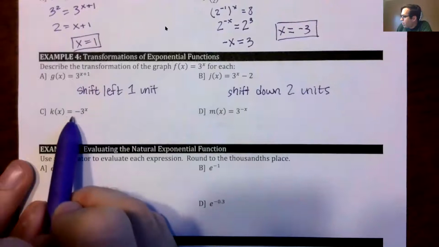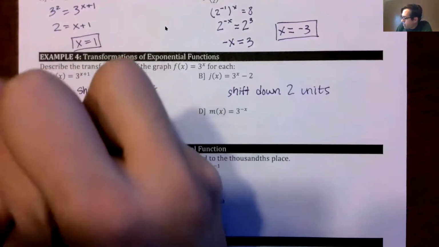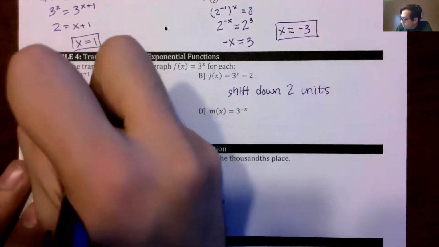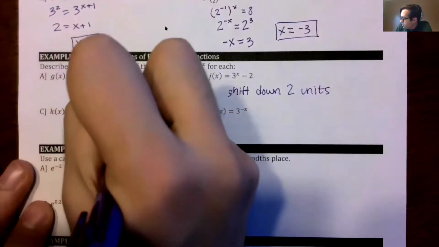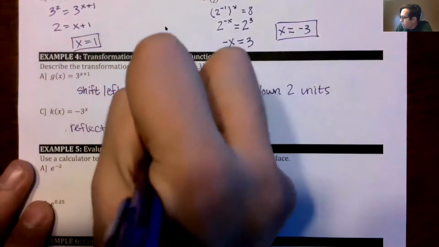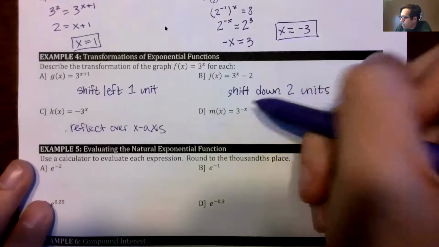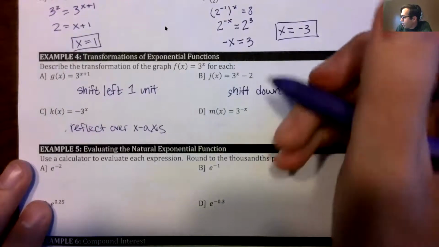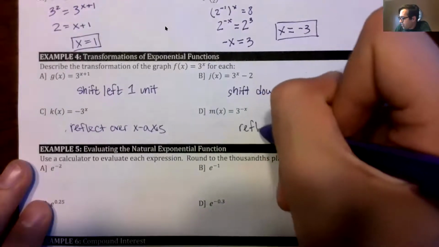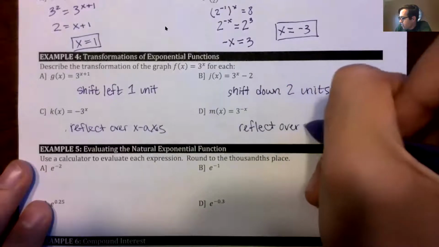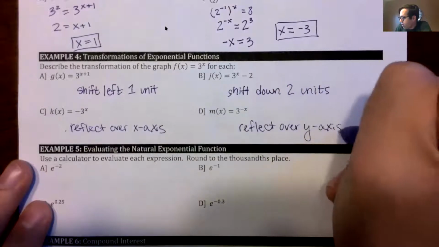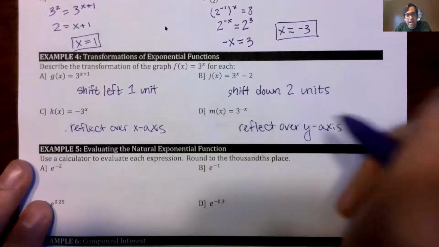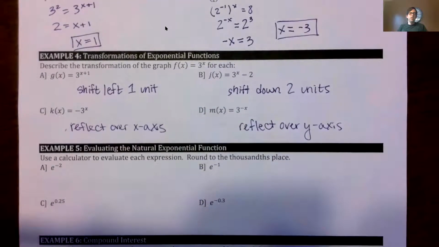If we have a negative in front, it's a reflect about the x-axis. And if we have a negative in with the x, it's going to be a reflect over the y-axis. And that's the one that we saw on the front side already when we had a negative in with the exponent.